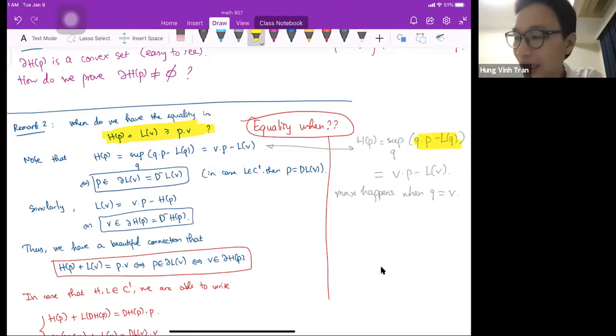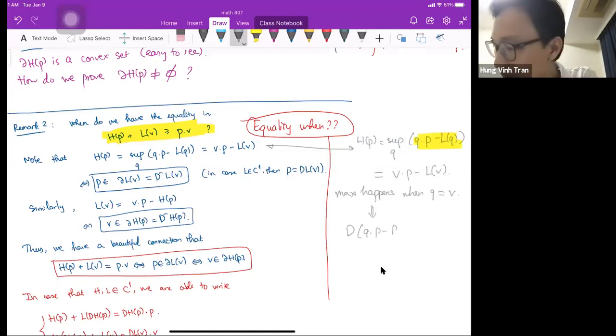The gradient in Q of Q dot P minus L of Q at Q equals V has to be 0.